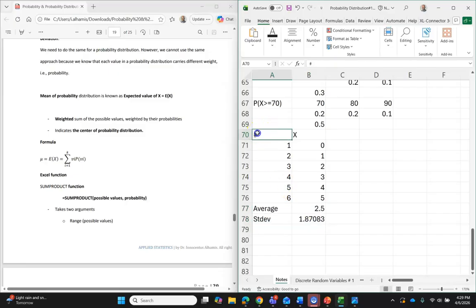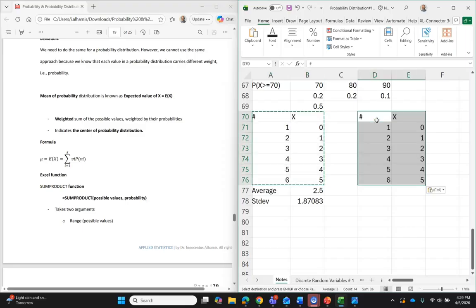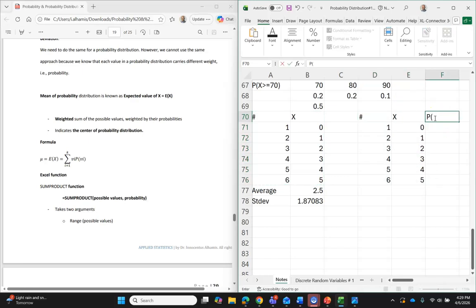So let me pick this as well. Copy, and I'm going to paste them here. These are estimated values, and therefore they should have their corresponding probabilities. So probability of x. Here we have 6, and let me put some probabilities there. So we have 0.1, and I'm going to put 0.1 also here, meaning that the peripheral probabilities are always small.